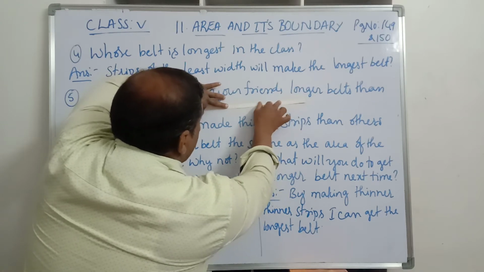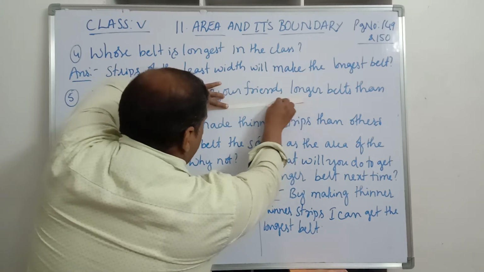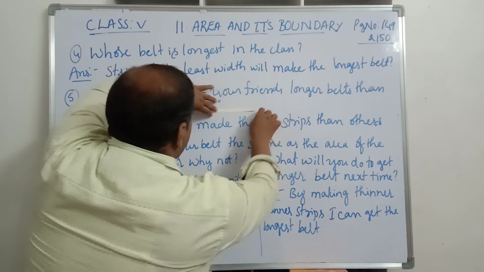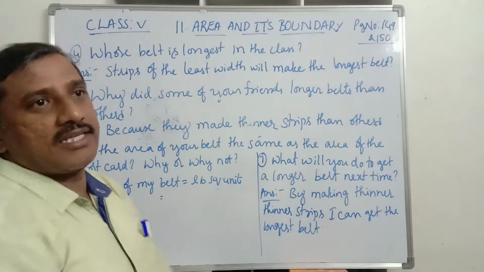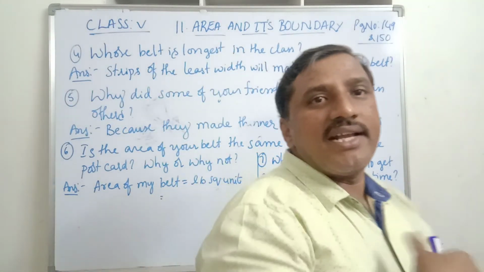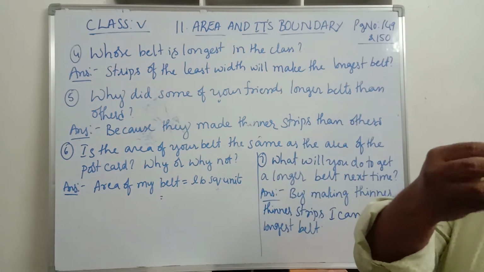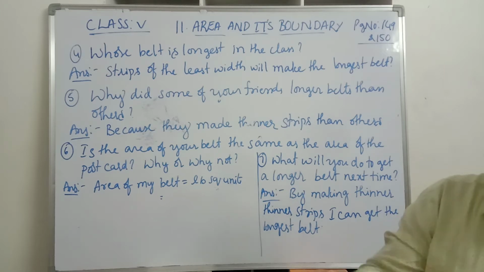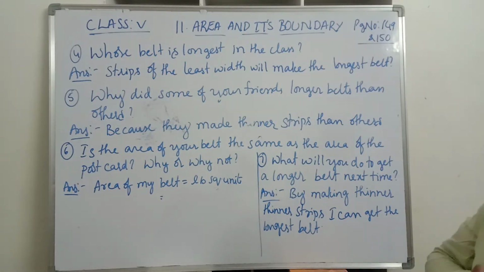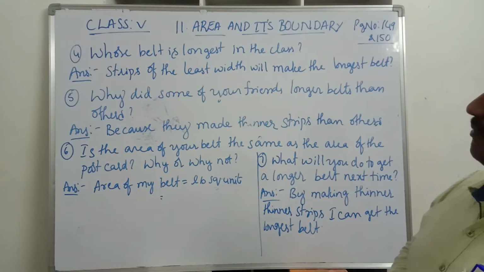If I place 2 more by pasting, then we will get the longer belt, or the longest belt. If you increase the number of pieces, the length will be the same, but the width decreases. That means the pieces will become thinner and thinner. The strips with the least width will make the longest belt.